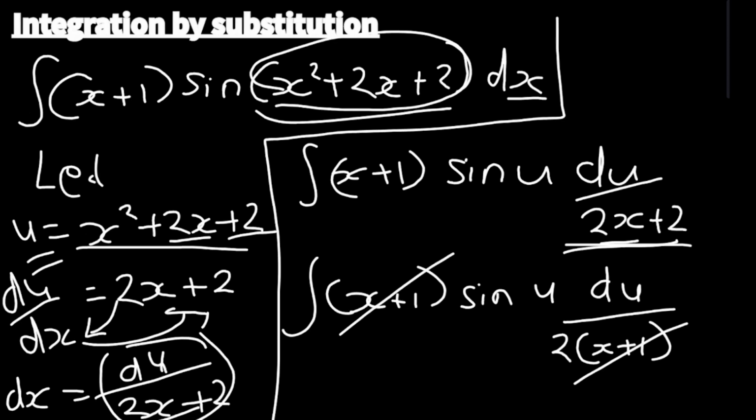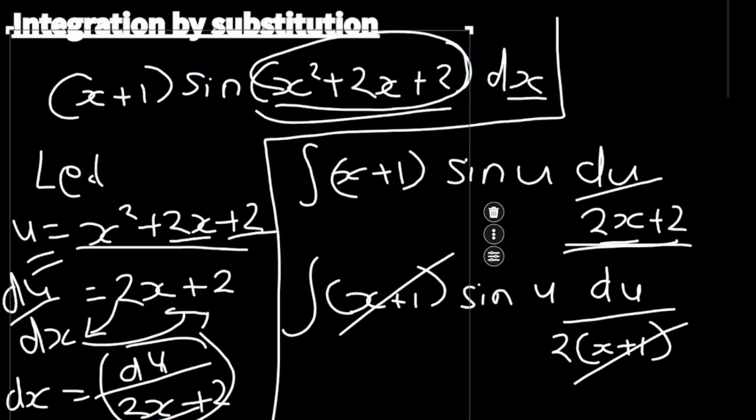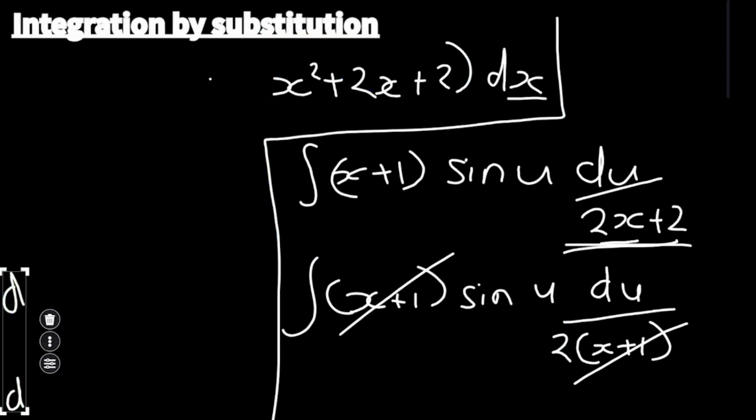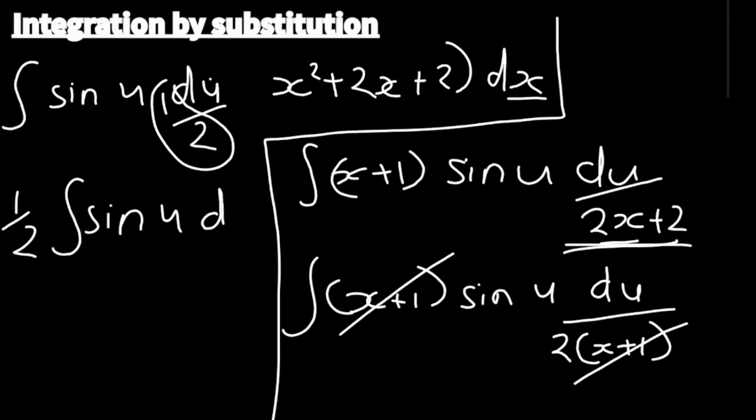X plus 1 cancels out with x plus 1, and we remain with the integral of sine u du over 2. Over 2 is the same as a half. Now, as we said, the constants will always be pushed outside of the integral sign. So that is a half the integral of sine u du.